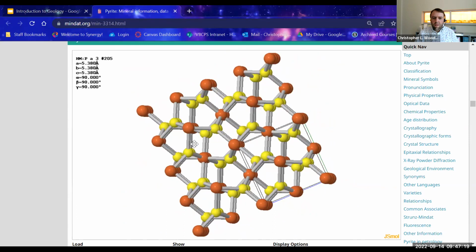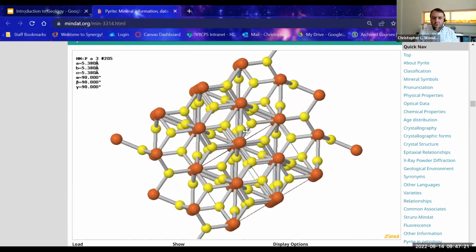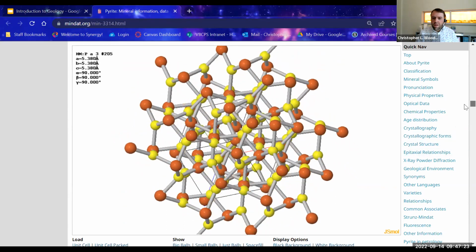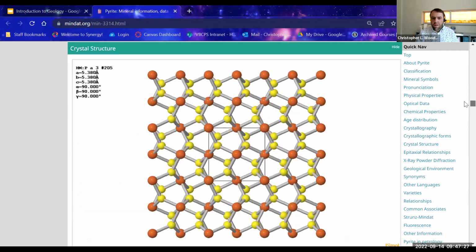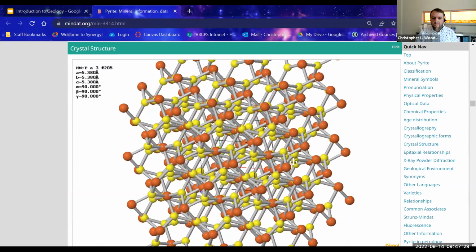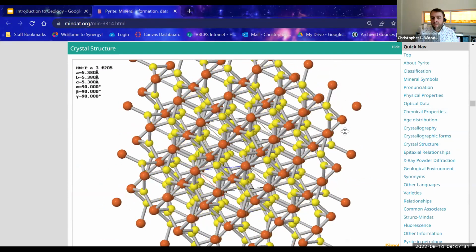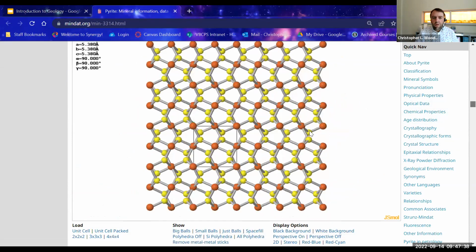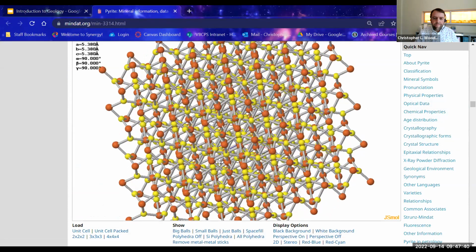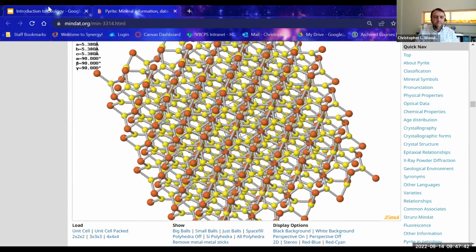Here we go. You can see that it's a cube as well. Just 2 atoms, and it's just how they combine. And that crystalline pattern is just repeated over and over and over again.